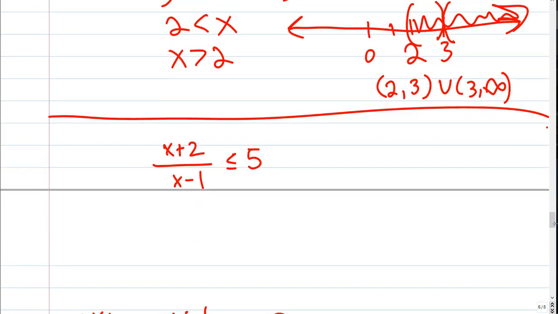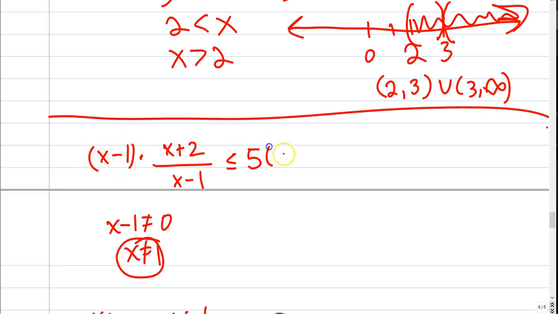Next one, where's the hole? Well, what's the denominator? x minus 1 cannot be 0, so x cannot be 1. Keep that in mind. When we go to graph it, if we shade a 1, we have to put a hole there. How do we solve this? We've done these before. That's not super complicated. Multiply both sides by the denominator, and we get x plus 2 less than or equal to 5x minus 5.